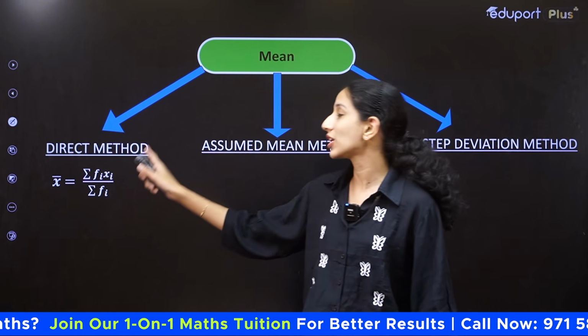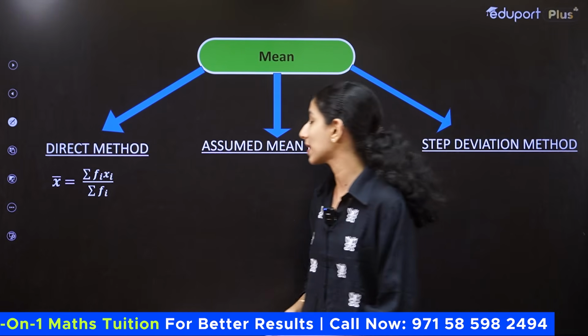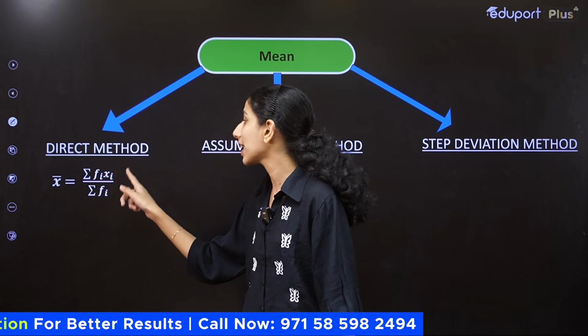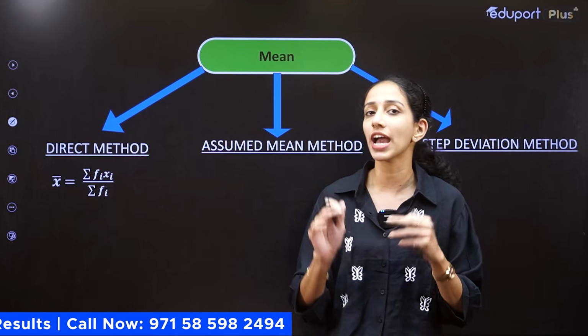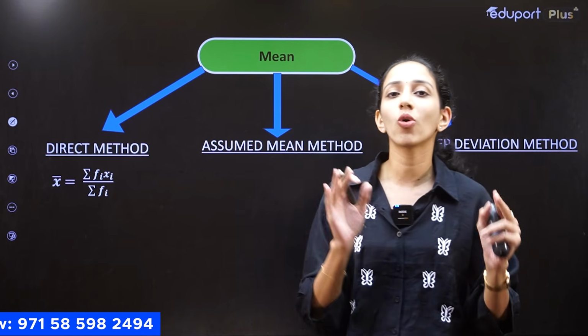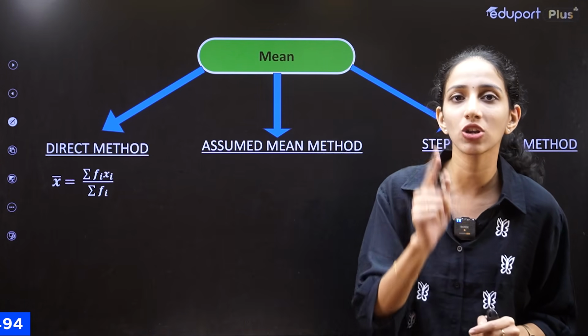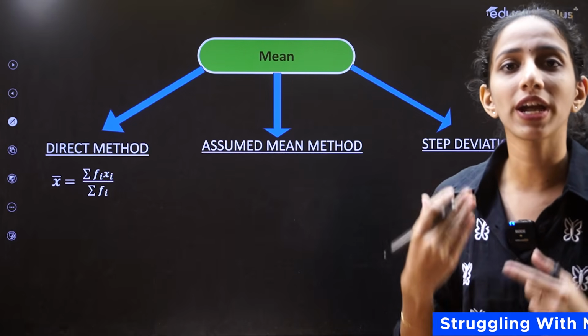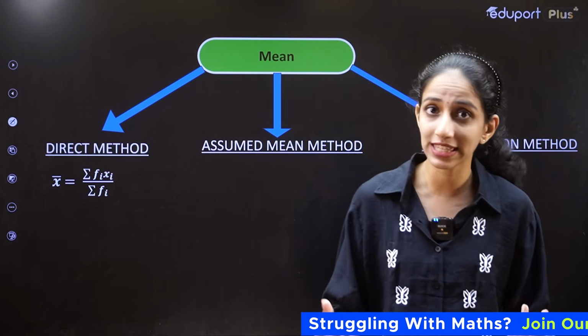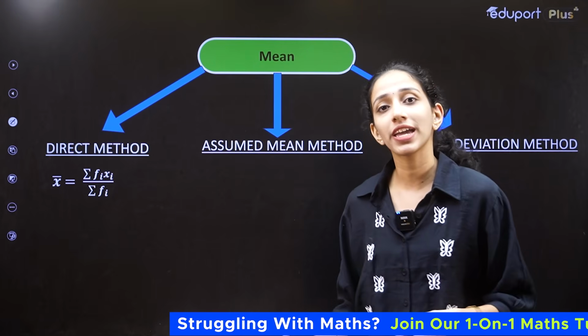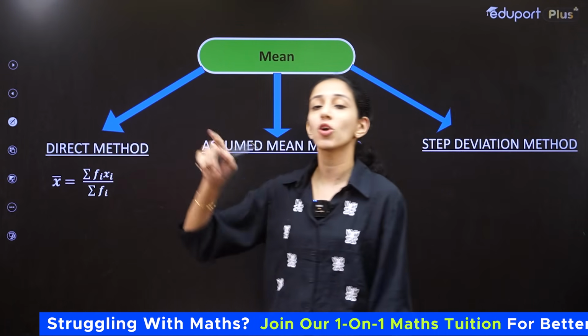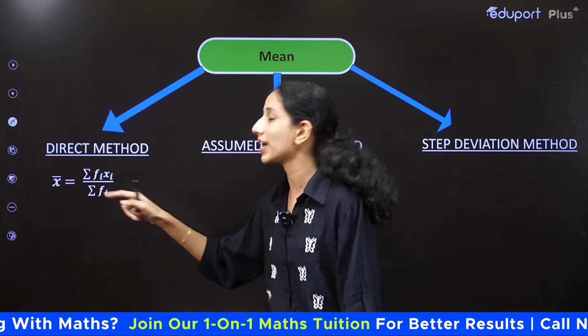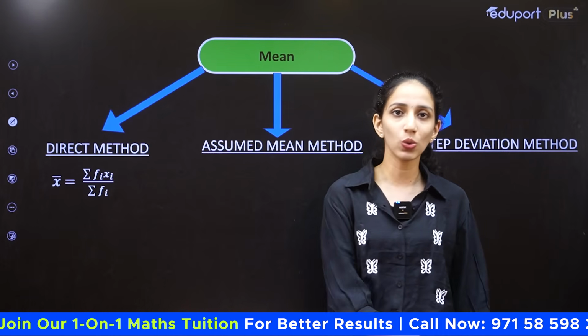The formula to find the mean using the direct method is sigma fi xi by sigma fi. I think you are all clear about what sigma denotes: the summation of all fi xi's.